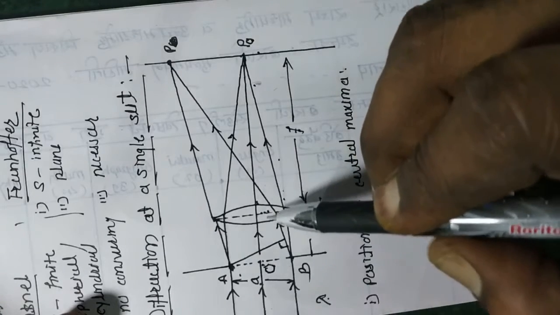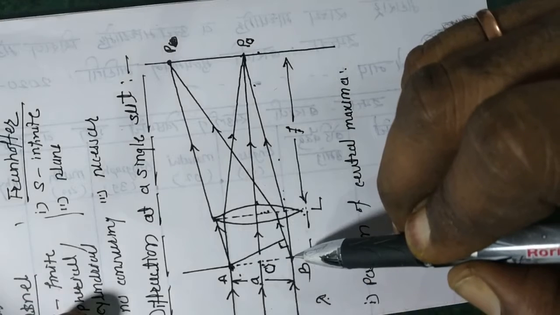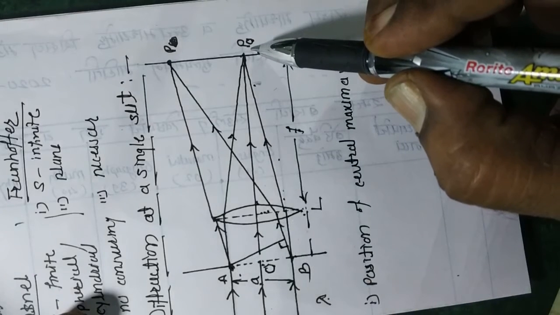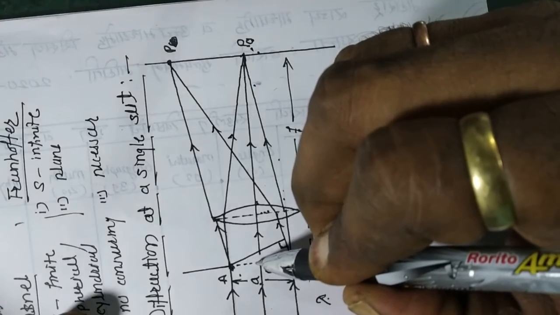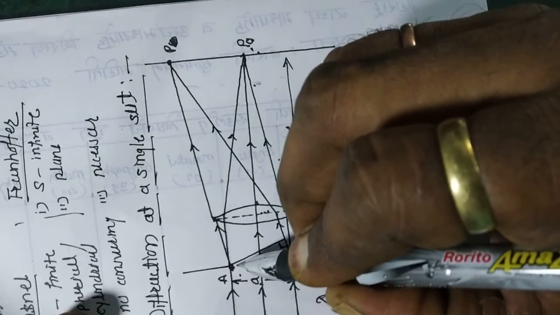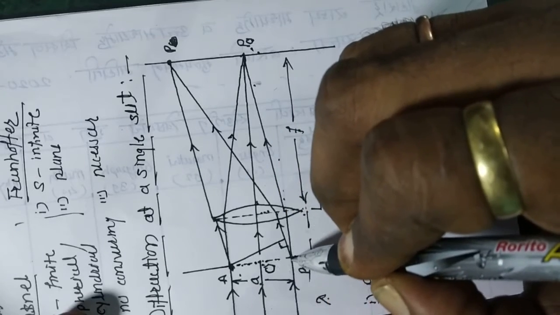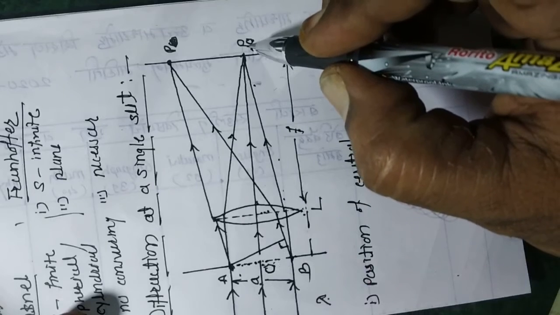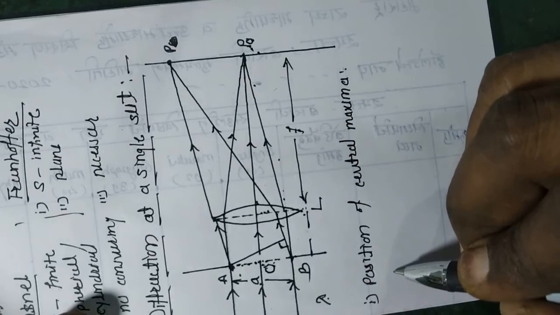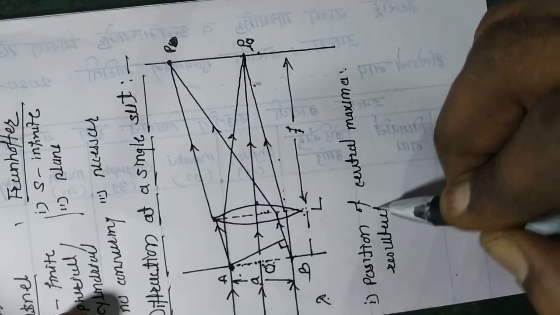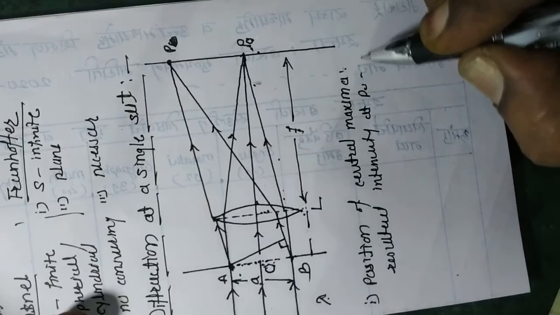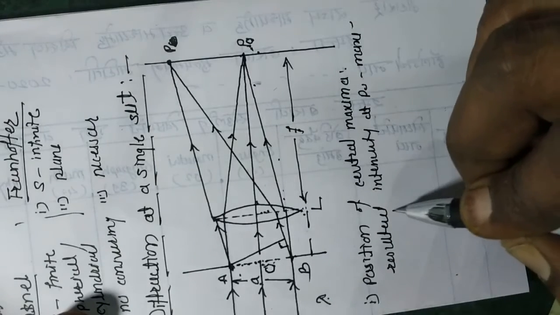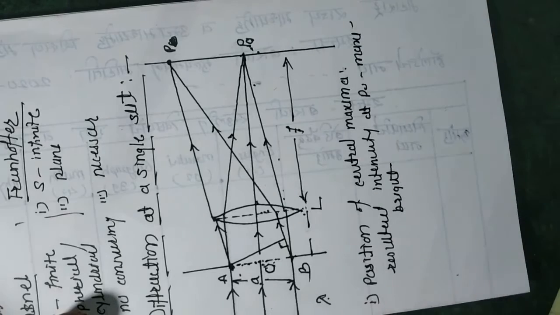Then the path difference between waves arriving from A and B and reaching P naught is 0, as well as the path difference between rays in the upper half and the corresponding points in the lower half reaching P naught is 0, and hence the resultant intensity at P naught is maximum and the point is bright, called the position of central maxima.